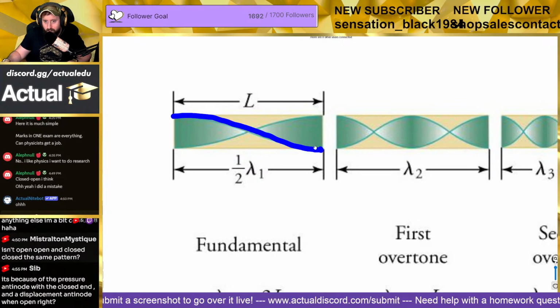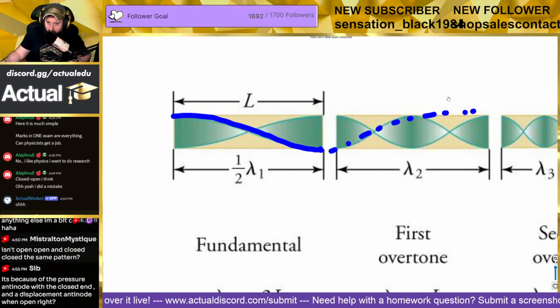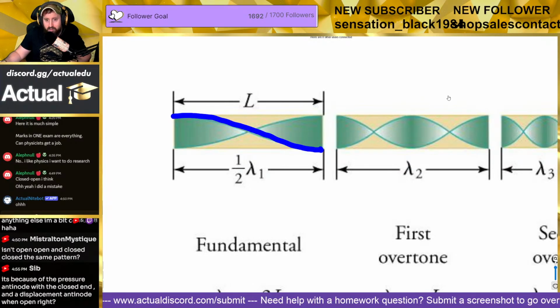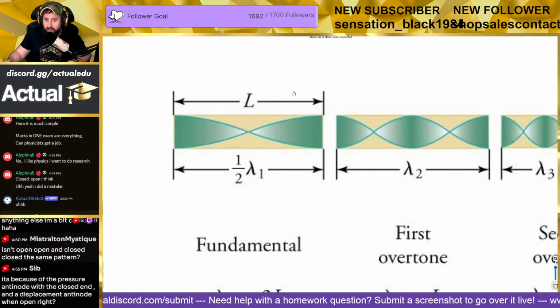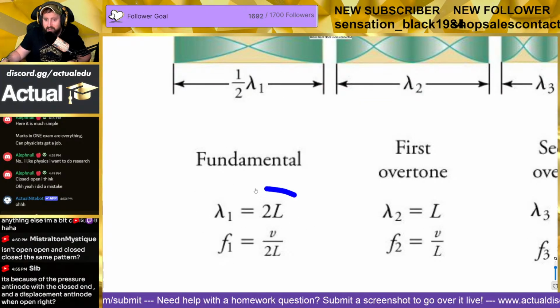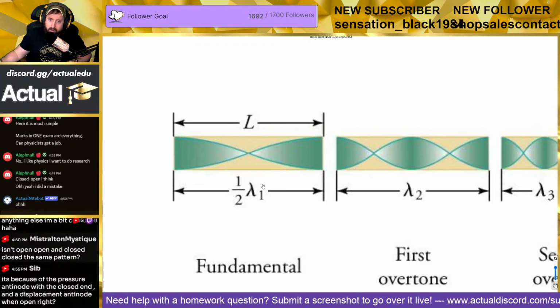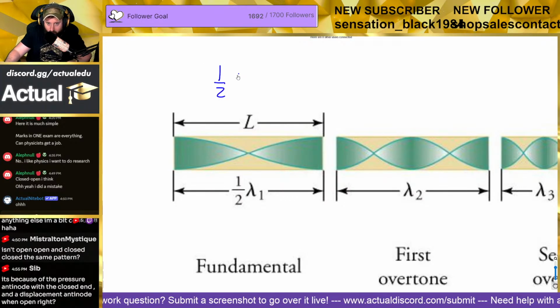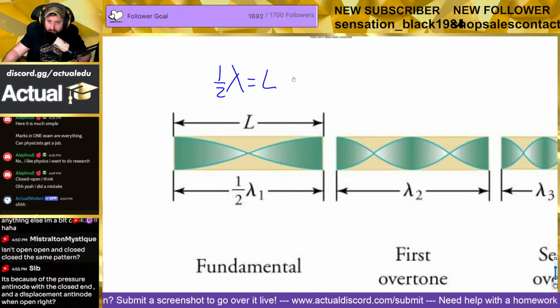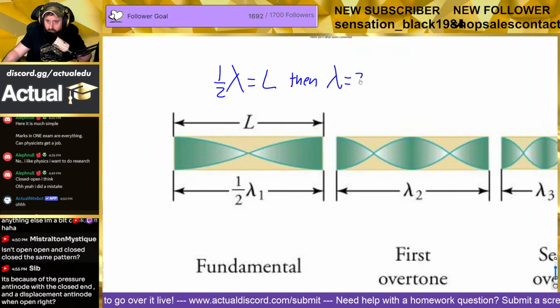So you have one thing here, and then you're missing the other half of the wave. So in this case, half a wavelength is L. So a wavelength is equal to 2L. Right? So if 1/2 of a wavelength is equal to L, then if you just multiply the 2 over, lambda is equal to 2L.